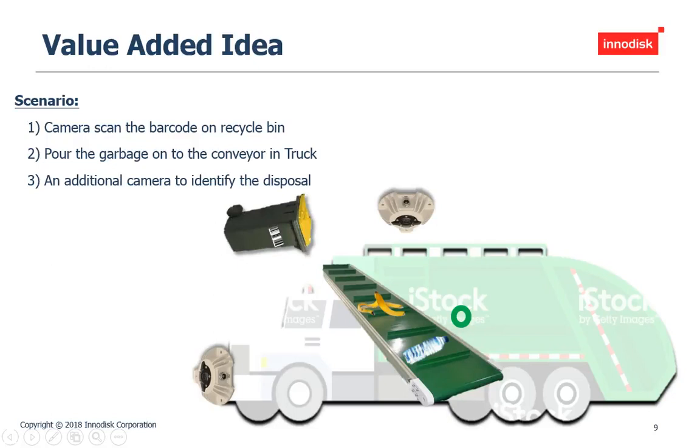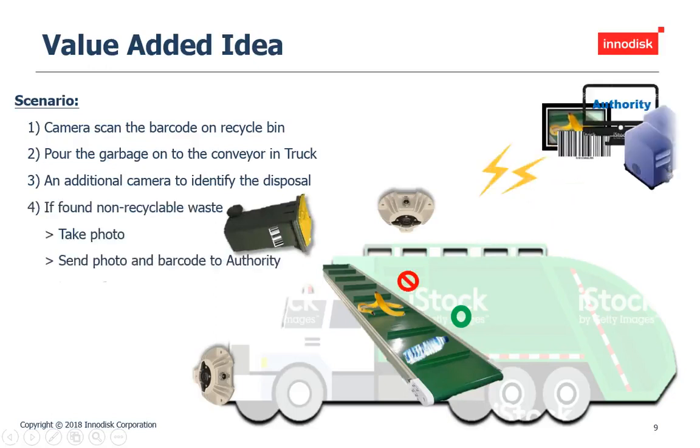If it's something recyclable, like for example the bottle you saw in the PowerPoint, then good. But if it's something non-recyclable, like a banana peel, it will take a photo and send the photo and the QR code or barcode of this garbage can directly to the authority. Then this is the time where law enforcement can come and put a fine or ticket on the owner of this garbage bin.